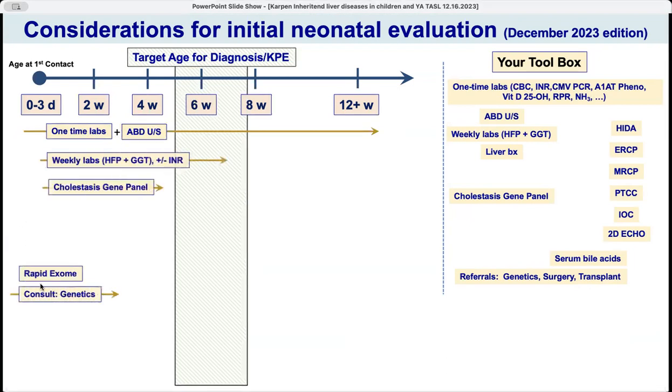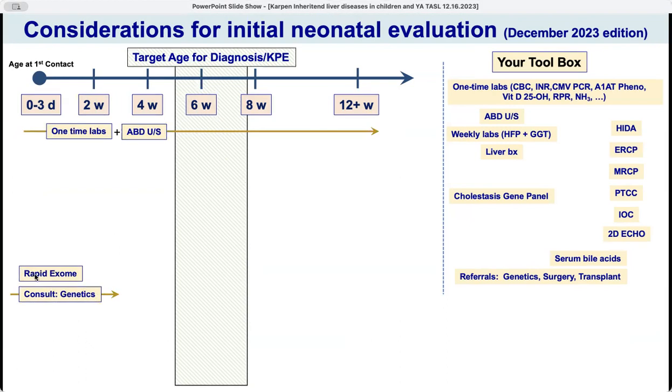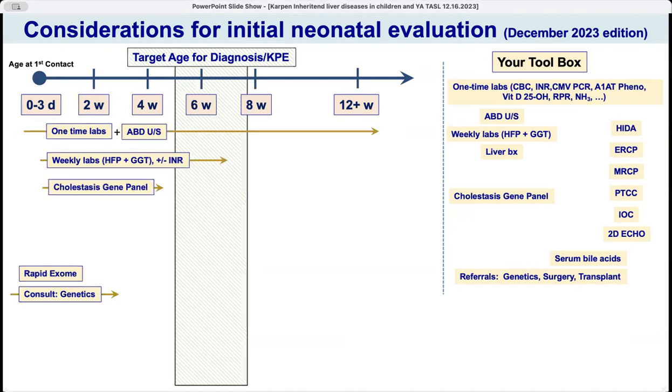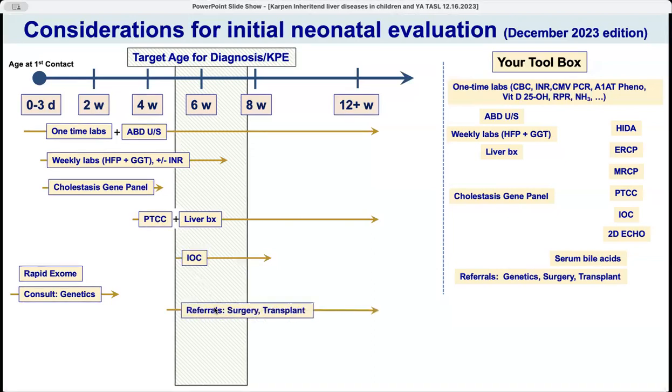If they're very sick, strong consideration for rapid exomes or genetics, depending on your expertise. Weekly labs after this point, and thinking about sending the cholestasis gene panel early, knowing that you have time to get the answer. Later on, incorporation of the biopsy and PTC and potential for the intraoperative cholangiogram.